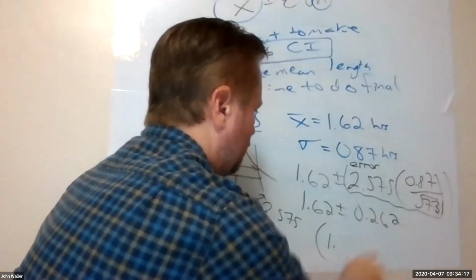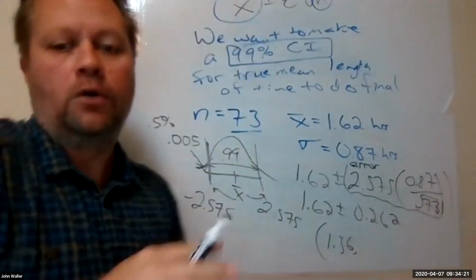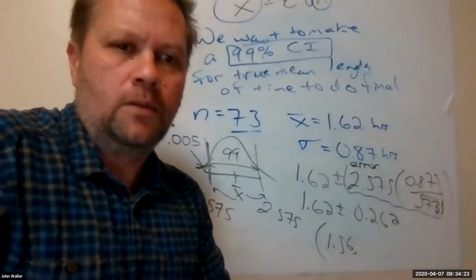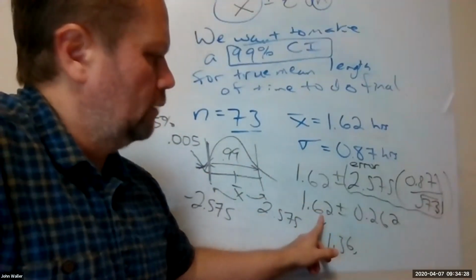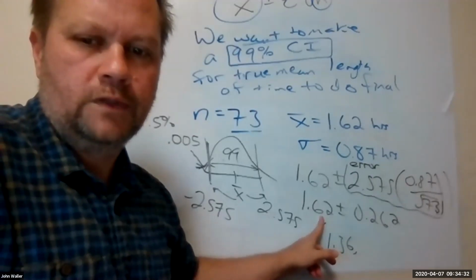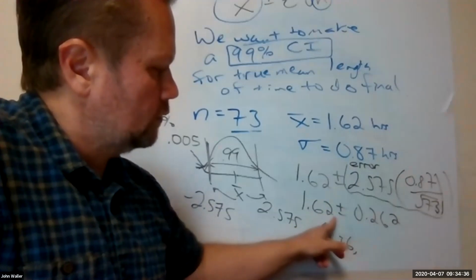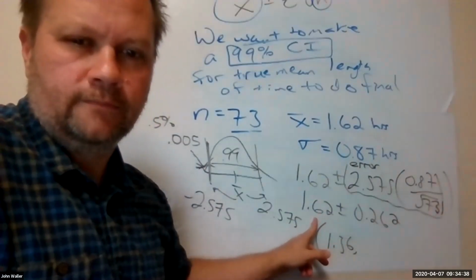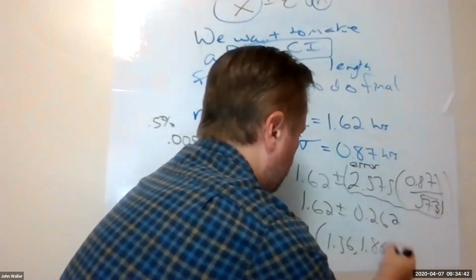You can do it, Jeff. 1.358? 1.36? So Malachi's question is a good one. You always want to round to at least the same number of decimal places that this is. So 1.36 up to 1.88.